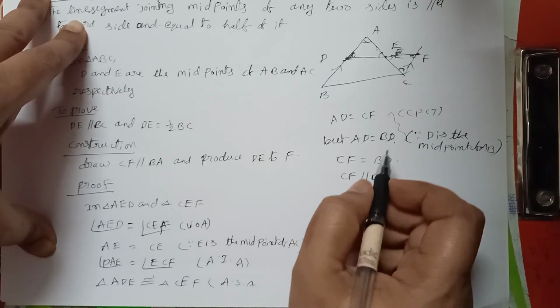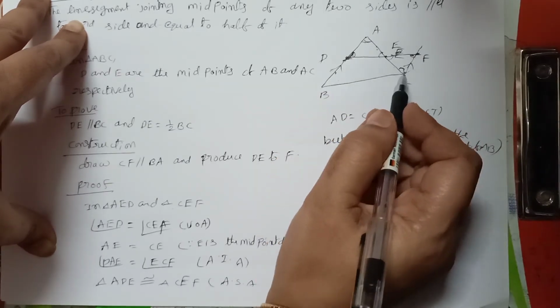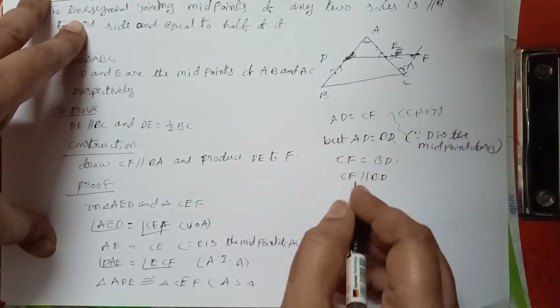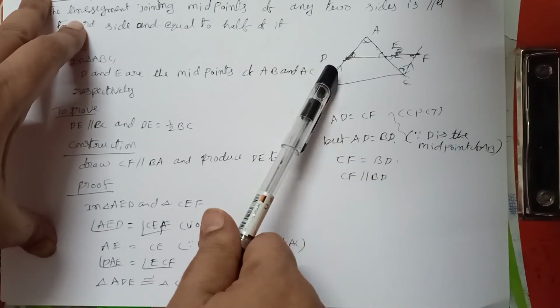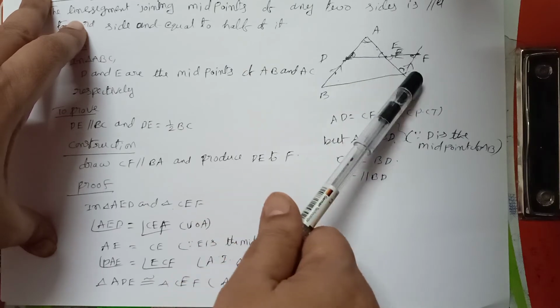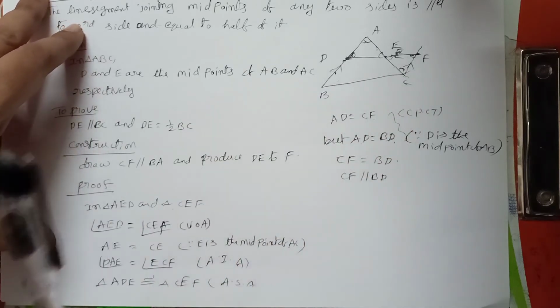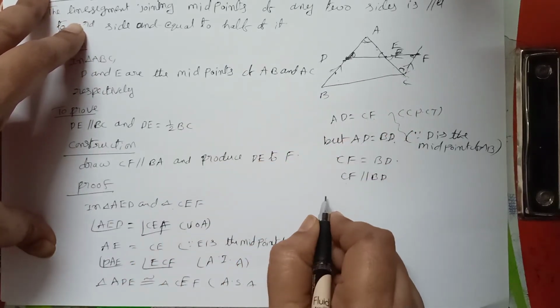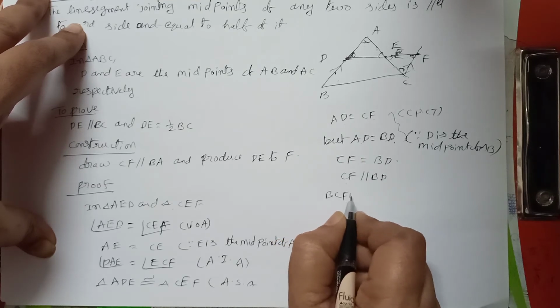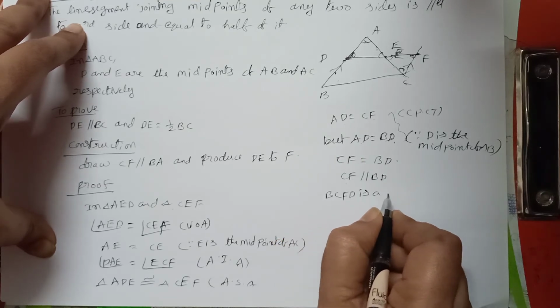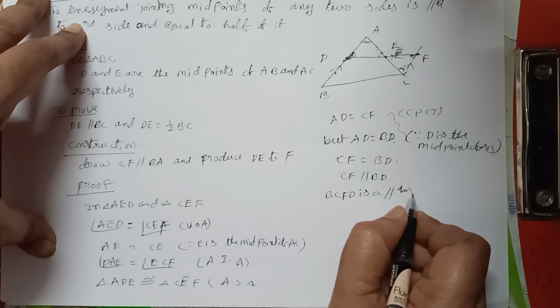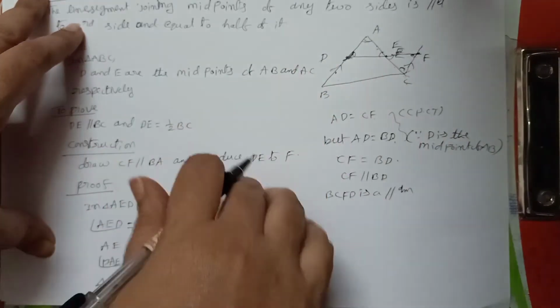In a quadrilateral, if one pair of opposite sides are parallel and equal, then it is a parallelogram. Therefore, BCFD is a parallelogram since one pair of opposite sides are parallel and equal.